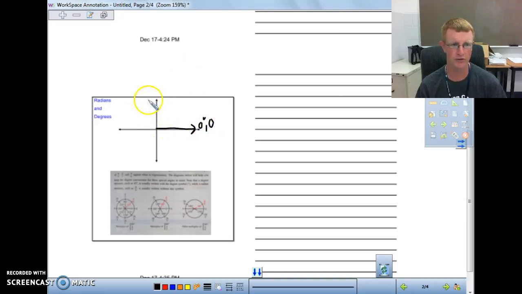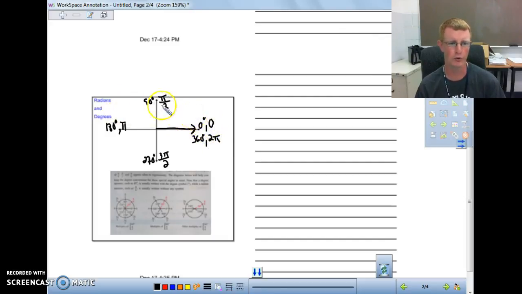When we go up to this top line, we're at 90 degrees, and 1/4 of 2 pi, which is pi halves, radians. Over here, we have 180 degrees and pi radians. Down here, we have 270 degrees and 3 pi over 2. That's 1.5 pi. And then at the very end, we have 360 degrees and 2 pi.